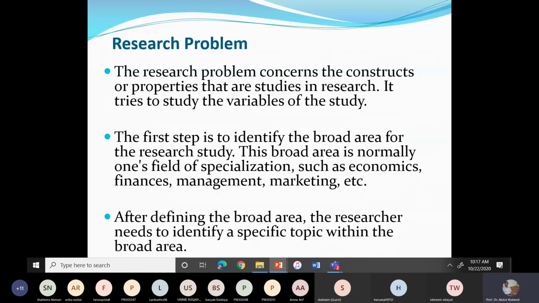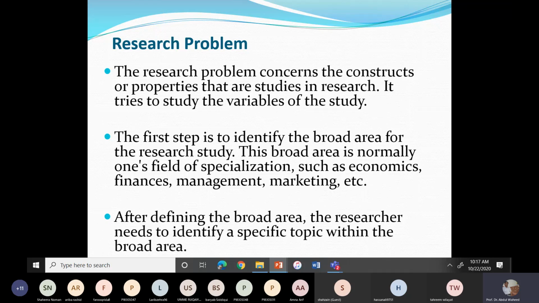So first of all, we have to decide in which area we will conduct our research. The first step is to identify the broad area for the research study. So you have decided that because you are a student of economics and finance, your research would be in the area of economics or finance.